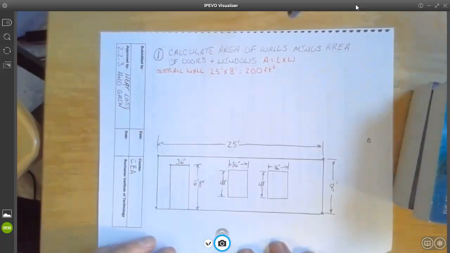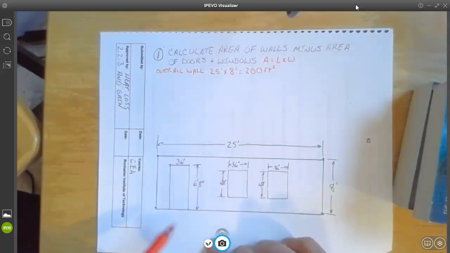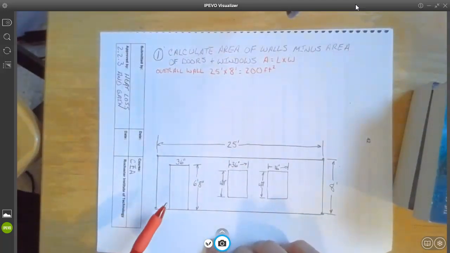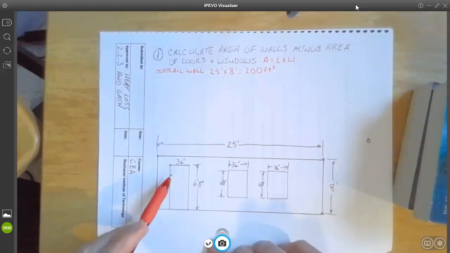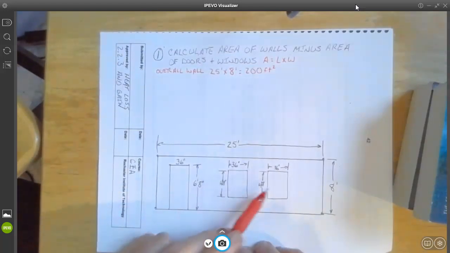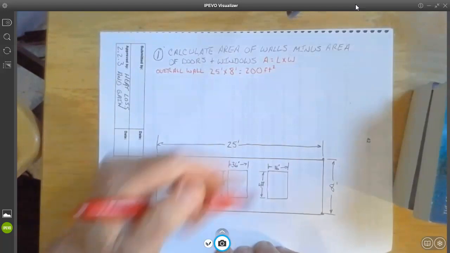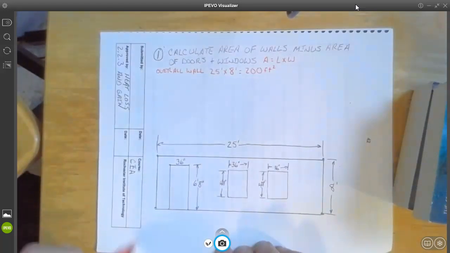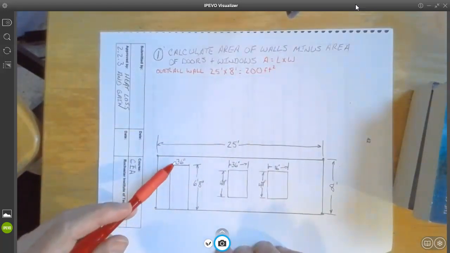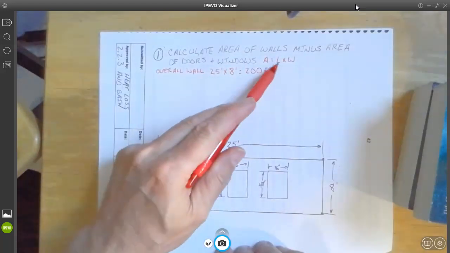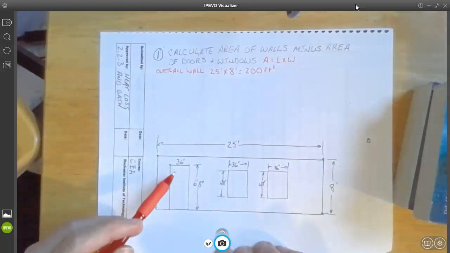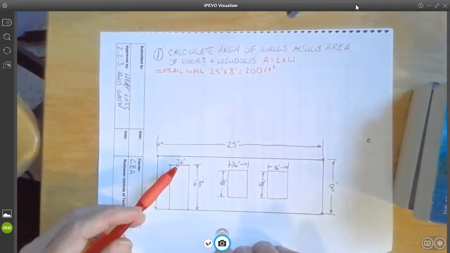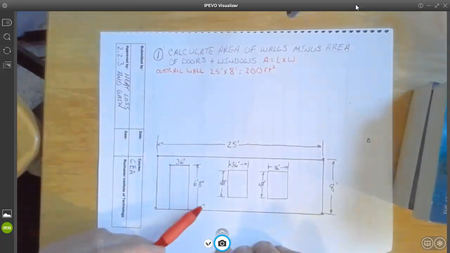Now, the next thing is we need to calculate the area of the door, because we are going to subtract the area of the door and also the area of the windows from our overall wall size. So let's calculate the area of a door. We know already that it's length times width, and here we have inches, and we need to be in feet.